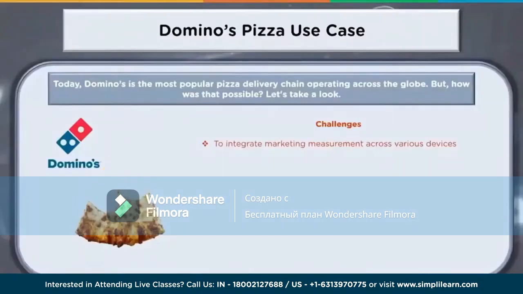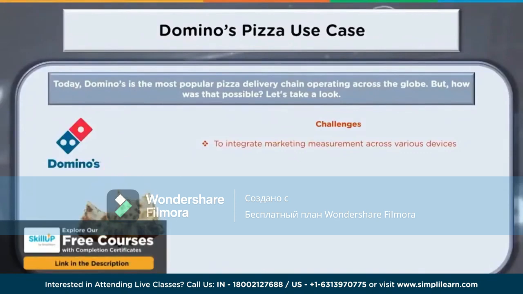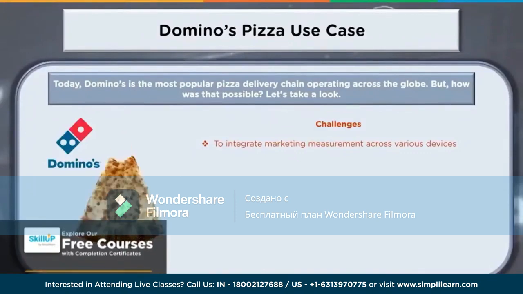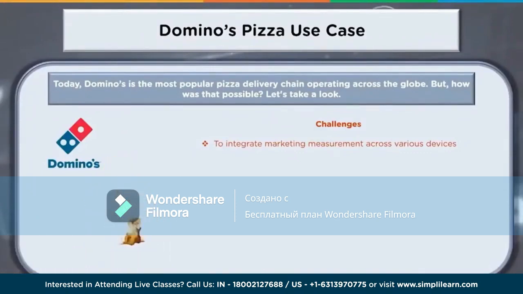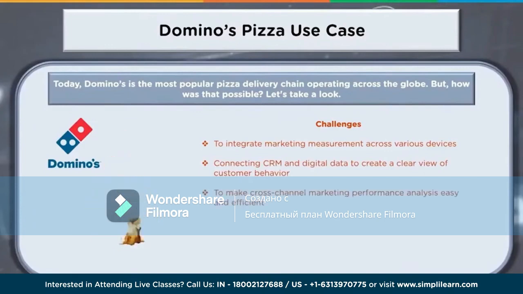So we all know that Domino's is the most popular pizza delivery chain operating across the globe. But how was that possible? Let's take a look. The challenges were they wanted to integrate marketing measurement across various devices, connecting CRM and digital data to create a clear view of customer behavior, to make cross-channel marketing performance analysis easy and efficient.